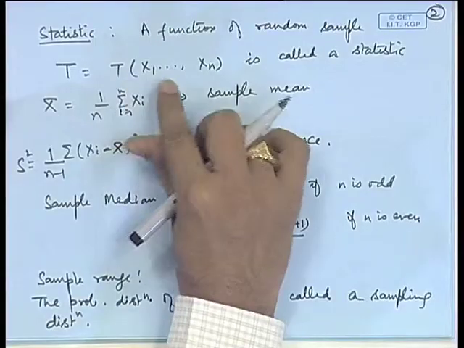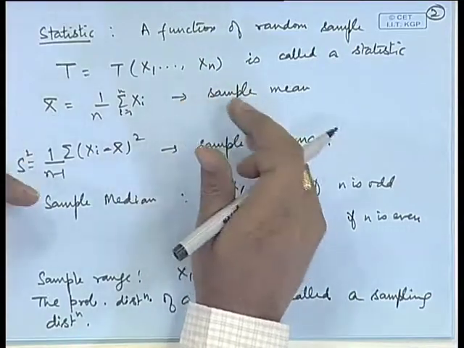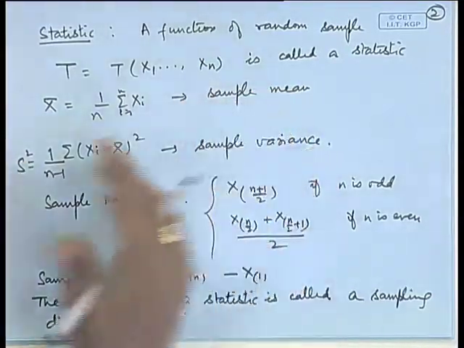That means we may consider one variable as T(X1, X2, ..., Xn), and define some other variables, say U1, U2, ..., U(n minus 1), so that we have an n to n transformation, and we may determine the sampling distribution using any technique.